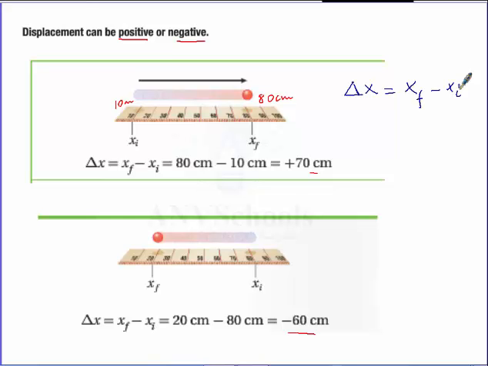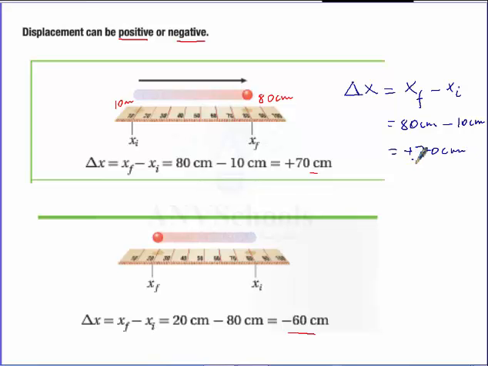So the final position is 80 centimeters minus its initial position of 10 centimeters. Then this will be 80 minus 10, which is 70 centimeters.